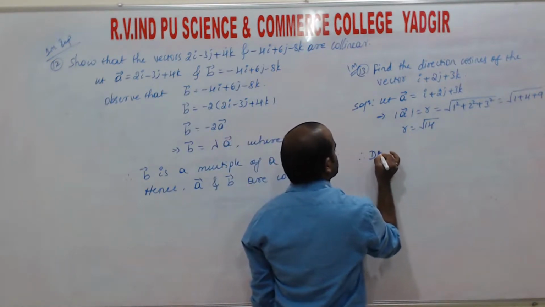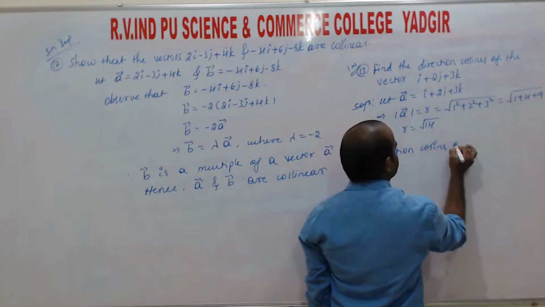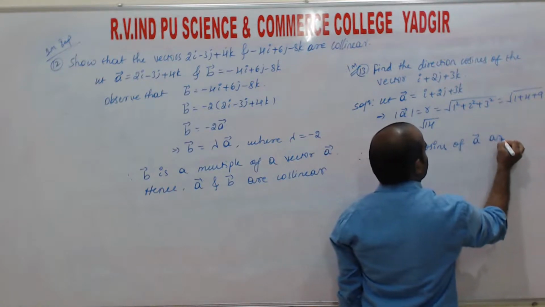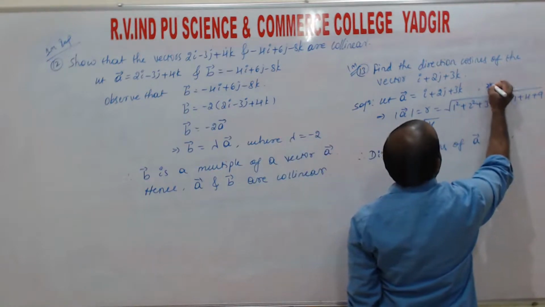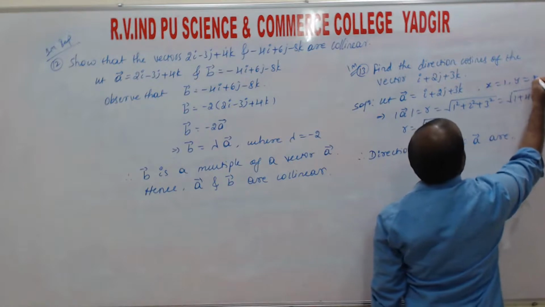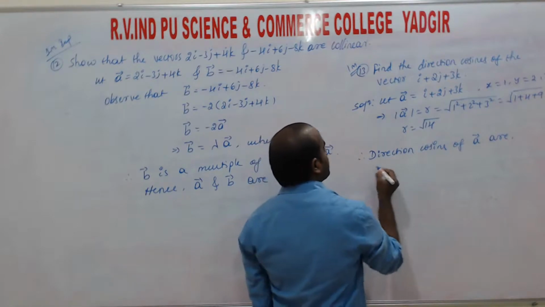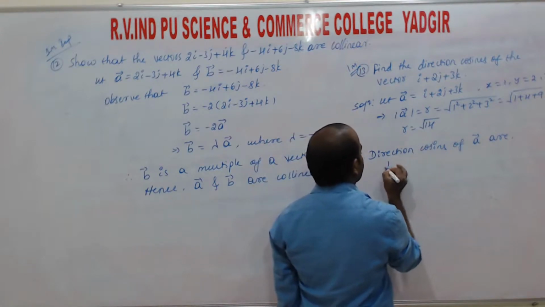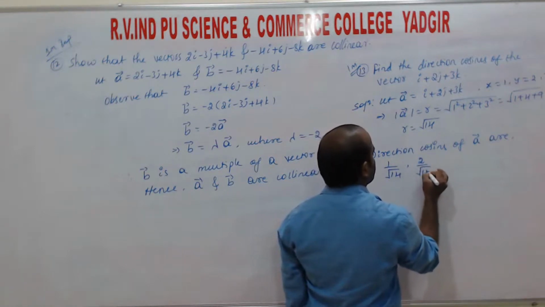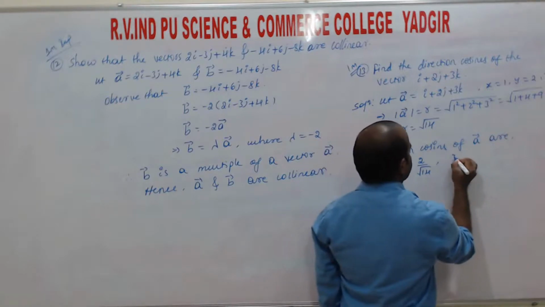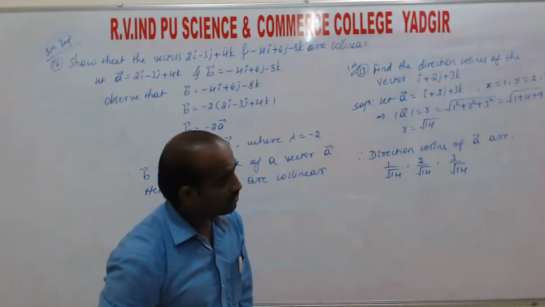Therefore, the direction cosines of A vector are x by r, y by r, z by r, which are 1 by root 14, 2 by root 14, and 3 by root 14. These are the direction cosines of the given vector.